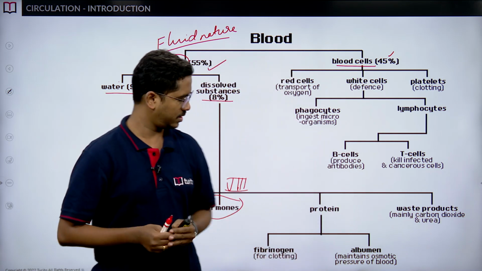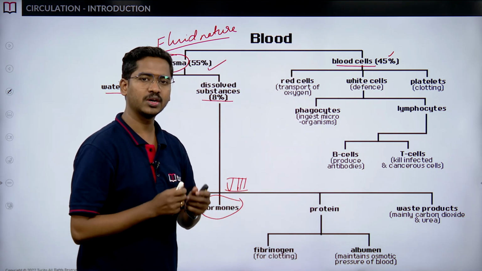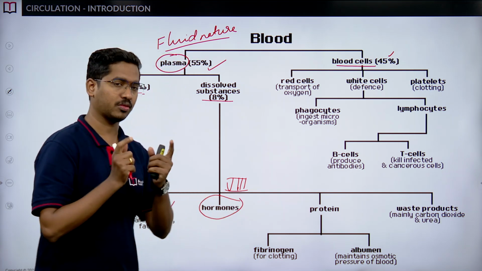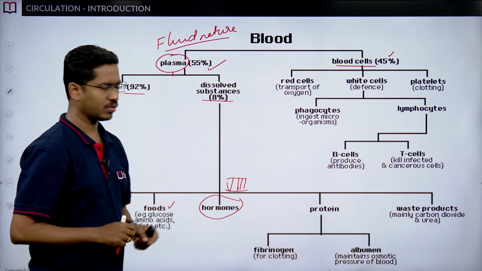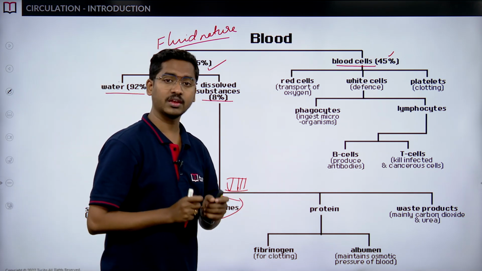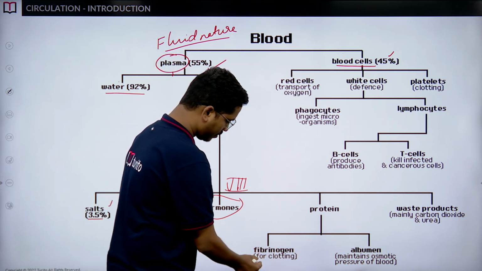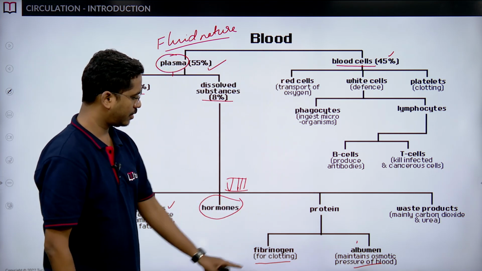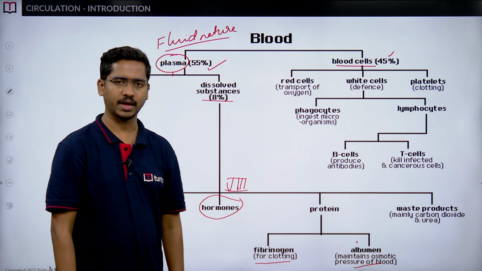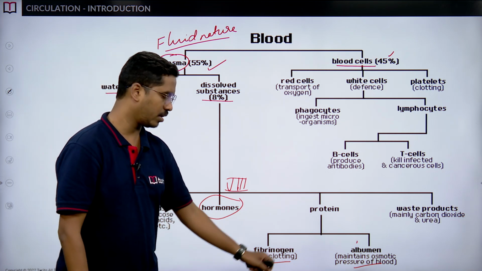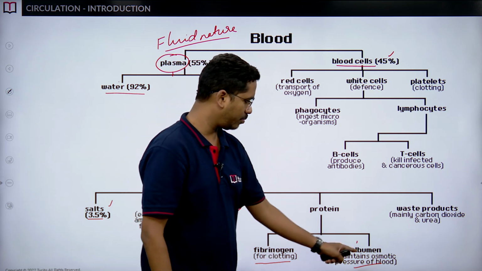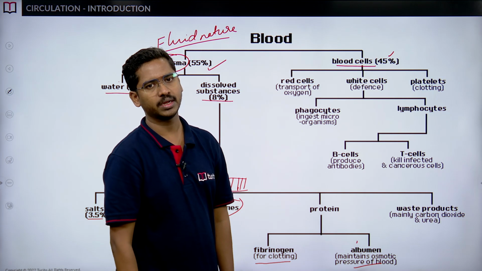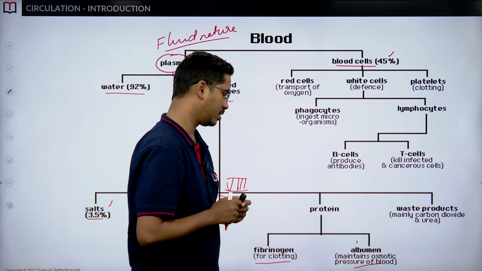Next, there are specific proteins also available in the blood, all about plasma. In the plasma we have specialized proteins, fibrinogen and albumin. Fibrinogen is a protein present in the plasma that helps in blood clotting. Albumin is again an important protein, involved in maintaining osmotic pressure in the blood.